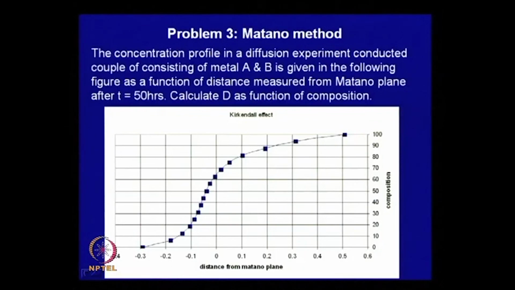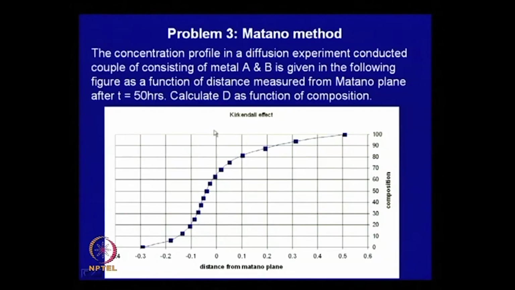Now, here is an example, and if you try and solve it, you will get a feel for the procedure. This concentration profile in a diffusion experiment conducted on a couple consisting of metal A and B is given in the following figure. Look at this figure. This is not symmetric.